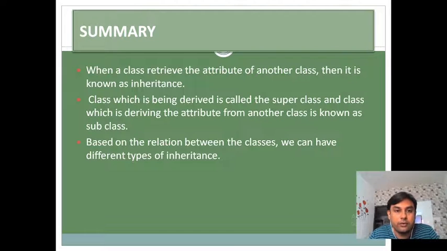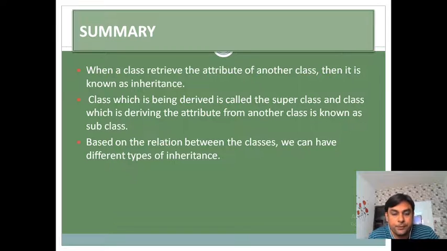So all in all, to summarize this lesson, when a class retrieves the attributes of another class, it is known as inheritance. This is what inheritance is. The class which is being derived from, the pre-existing class, is called the superclass, and the class which derives the attributes from another class is known as the subclass.